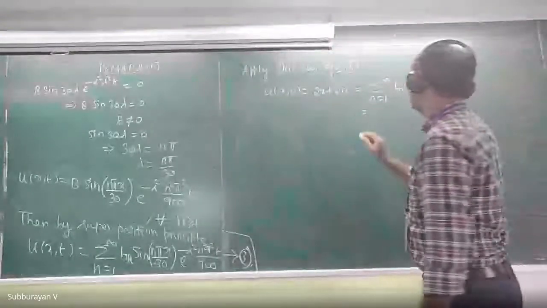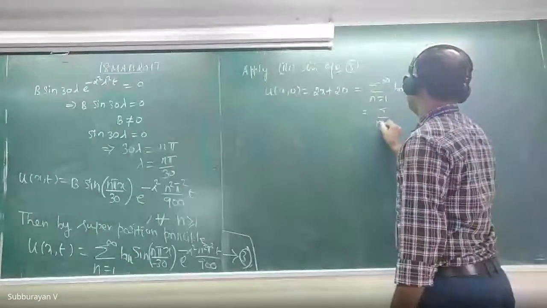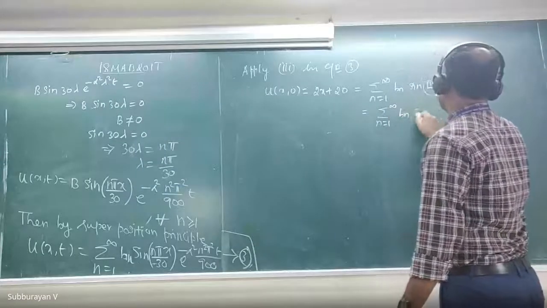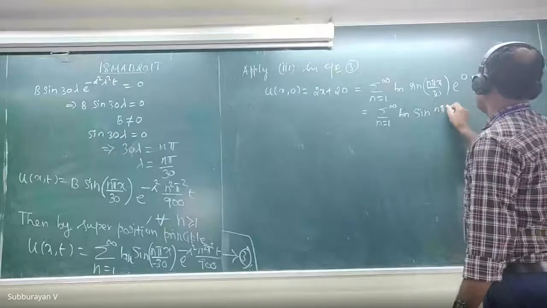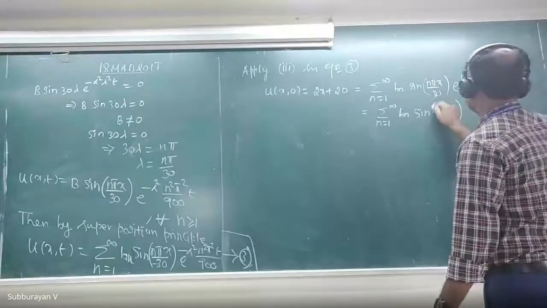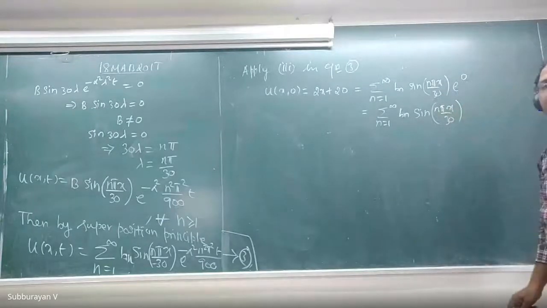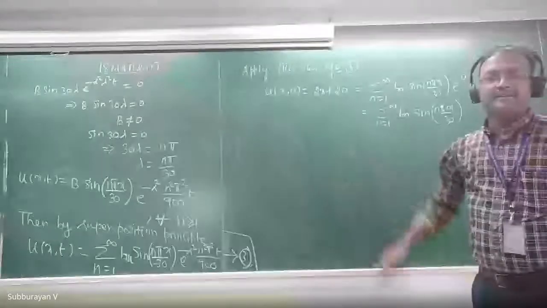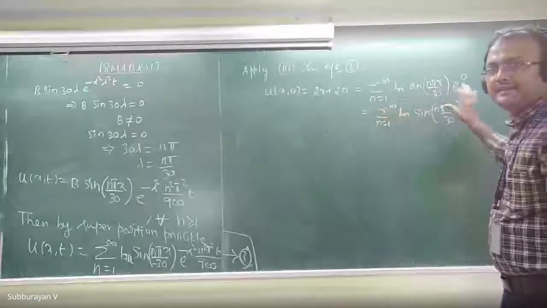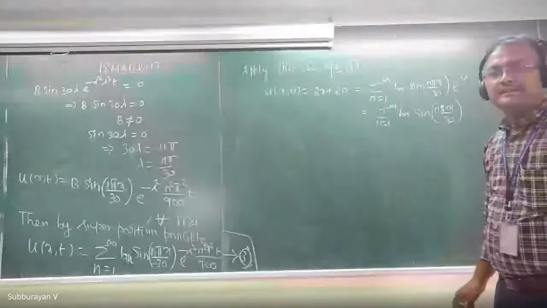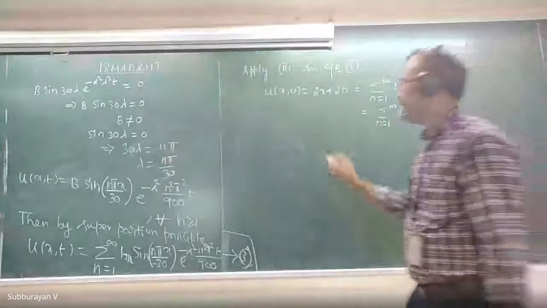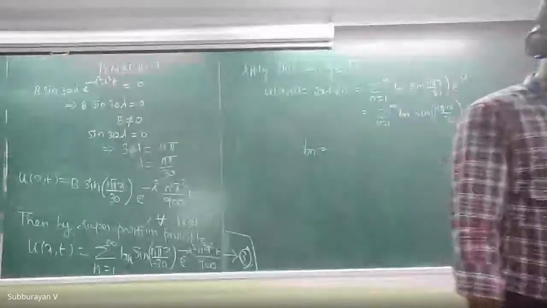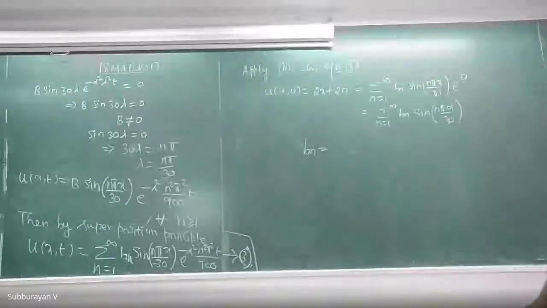That is equal to summation n equal to 1 to infinity bn into sin n pi x divided by 30. The left hand side is one algebraic function, the right hand side is a sine series expansion. Therefore, what is your bn? Anybody? What is the formula for bn here?